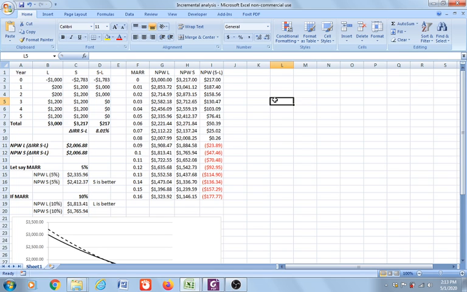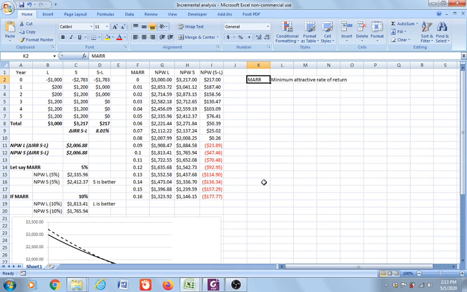Now, in incremental analysis, when we want to decide which alternative to choose, we need to consider the MARR. MARR means minimum attractive rate of return.